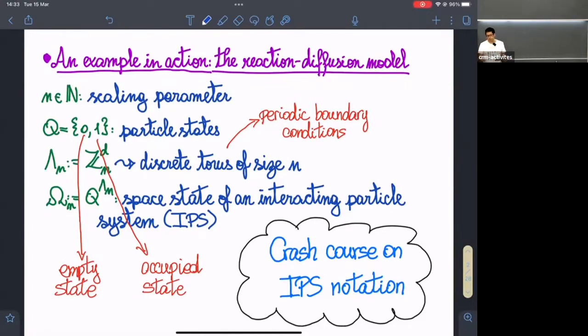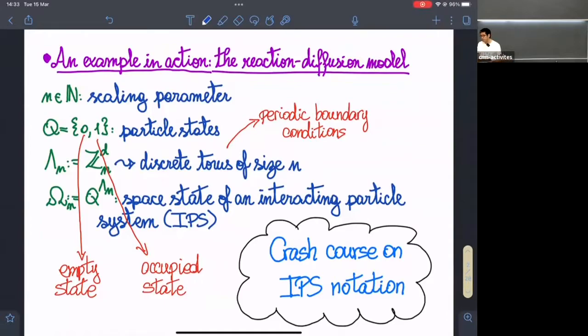So you can choose different types of particle states depending on what you're interested in. Nowadays something that has become more popular, for example, is the SIR model, where the set Q is composed of the letters S, I, and R, for susceptible, infected, and recovered. And there are these compartment models in which you put more letters because you want to model better and add more features to your particular model, and that's what you do with this set Q.